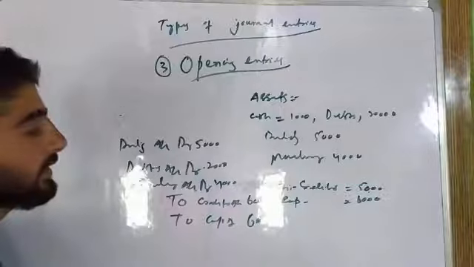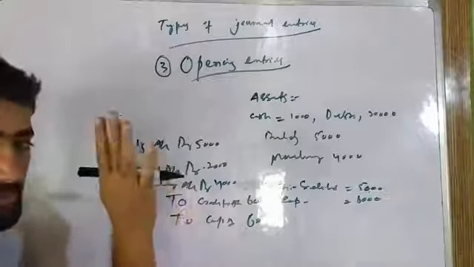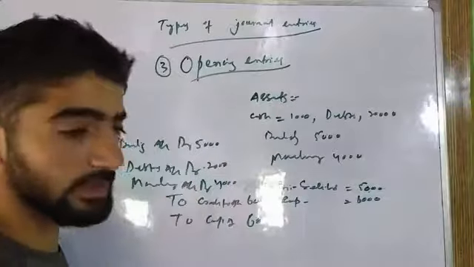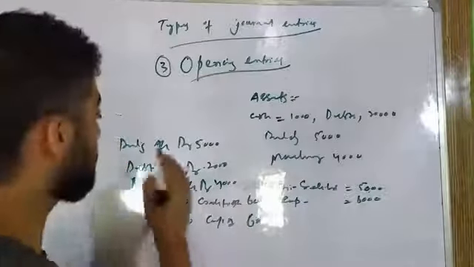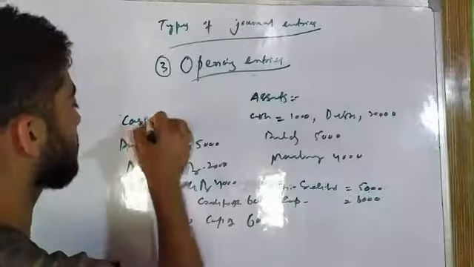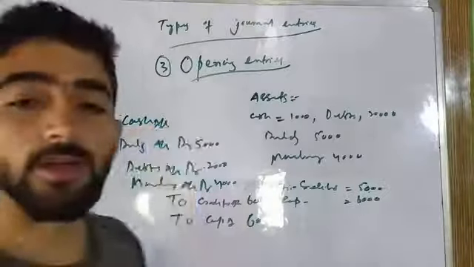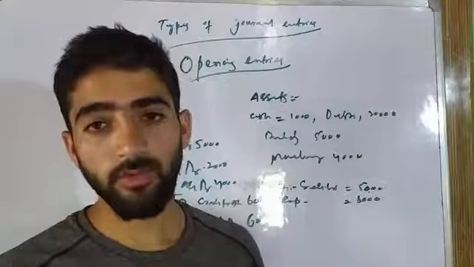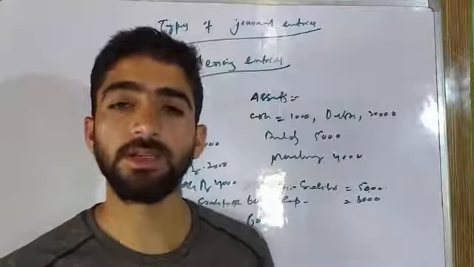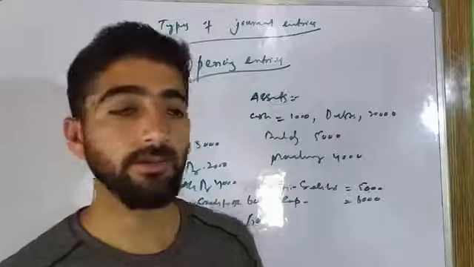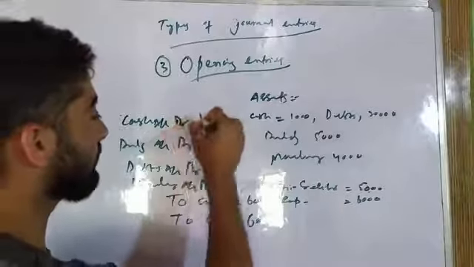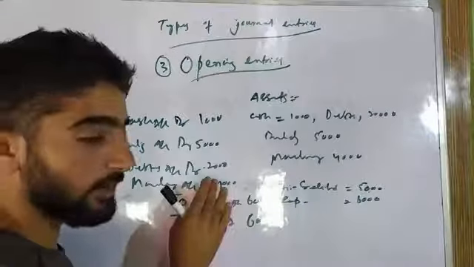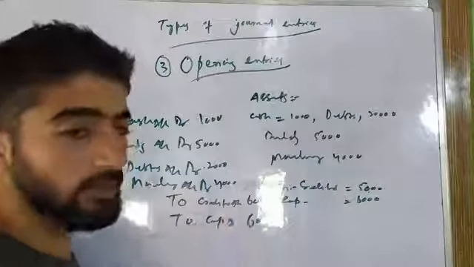So we can say that the 1,000 that is missing here is the cash account. If we are given a problem to find out the amount of cash with the help of an opening entry, we can easily find cash account debit 1,000, because we know that capital and liabilities are always equal to assets, because this is an accounting equation.